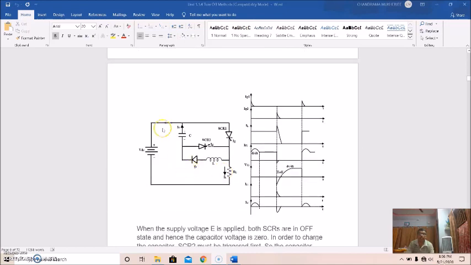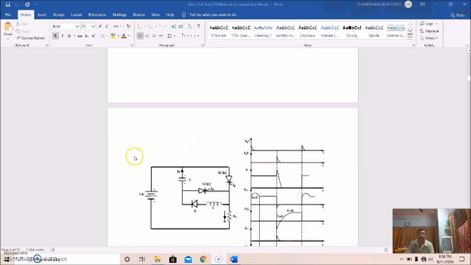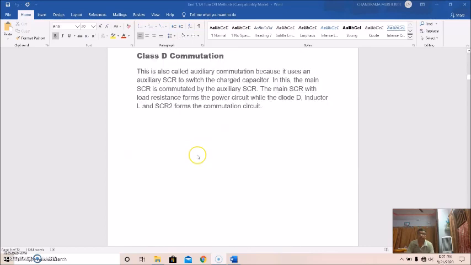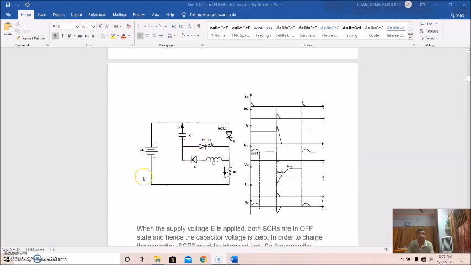This is the circuit diagram for class D commutation: this is your main thyristor, this is the auxiliary thyristor, and these are the components of the commutation circuit.